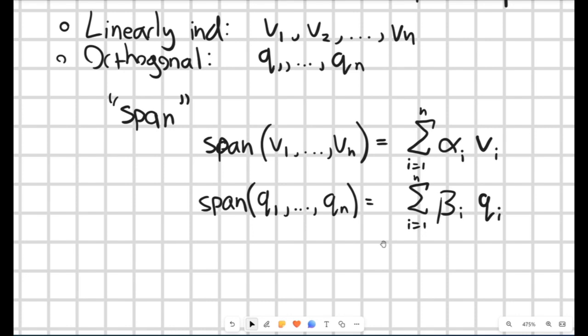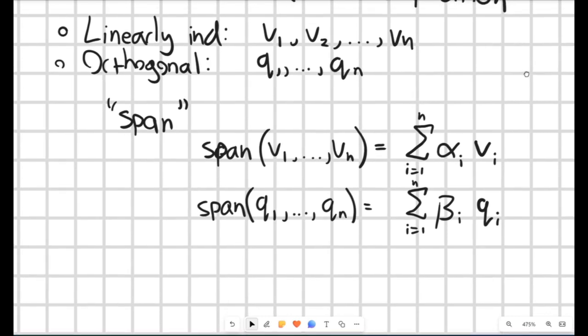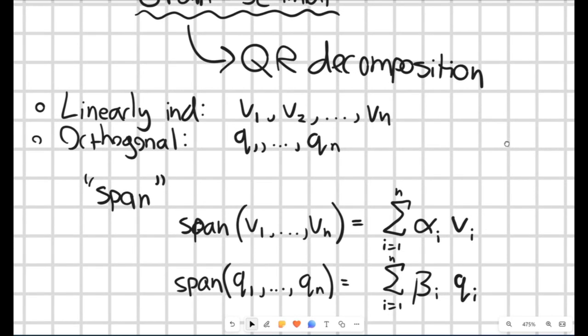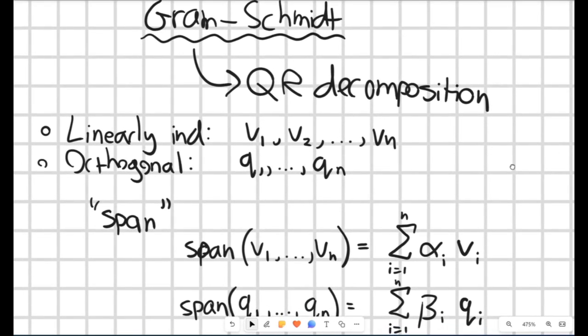So practically speaking, that means that any vector you can make out of a linear combination of these v's, you'll be able to recreate using a linear combination of q's, just multiplied by potentially different constants. So you'd be able to find betas that could recreate any vector that could be made by a linear combination of the v's. And so it's kind of an orthogonalization process, if you like.